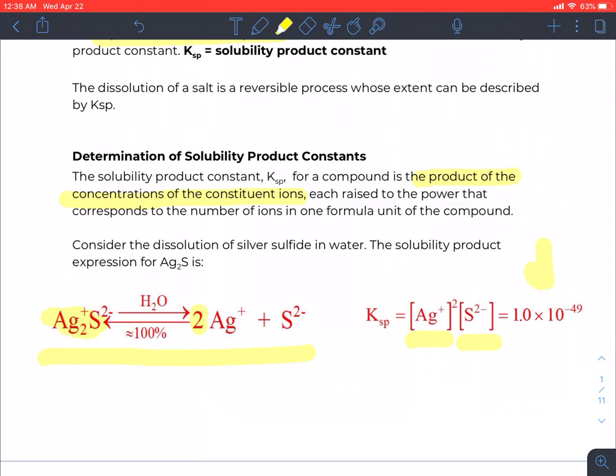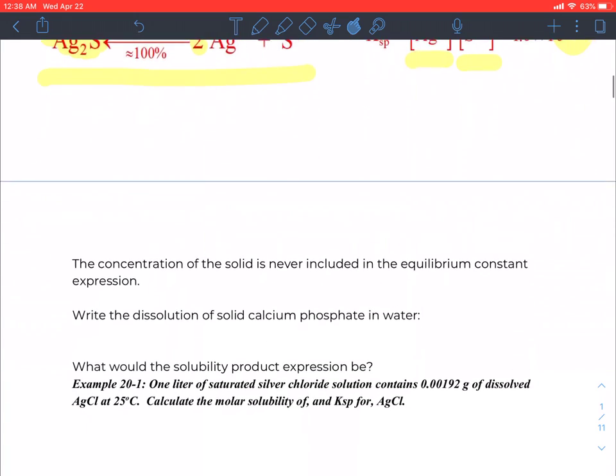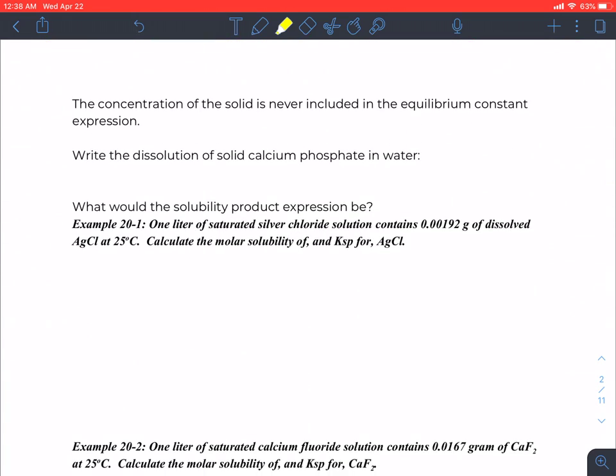Now this value is typically going to be given to you, and we'll talk a lot about this, but the smaller the number, the less it dissolves. This one's a pretty small number, so a very, very small amount actually dissolves. The concentration of the solid is never included in the equilibrium constant.